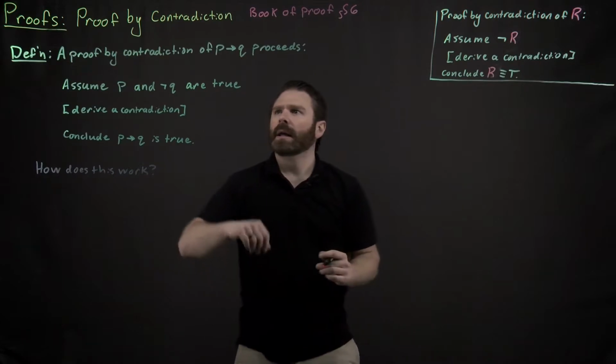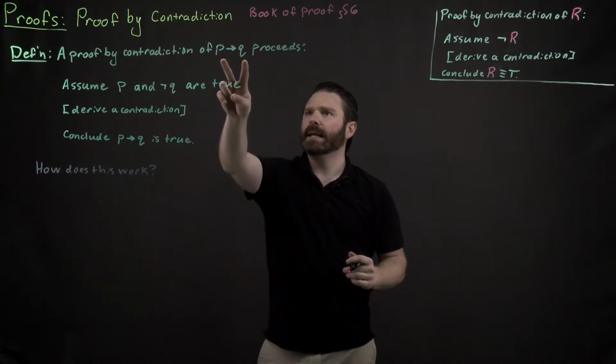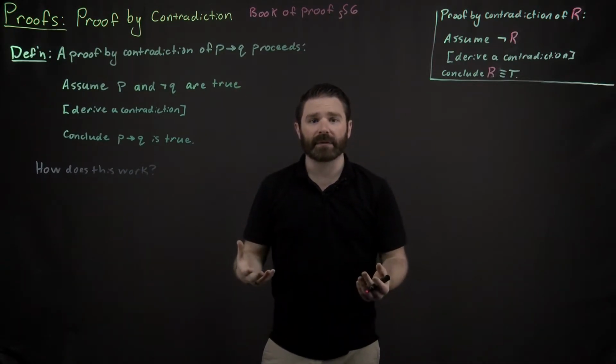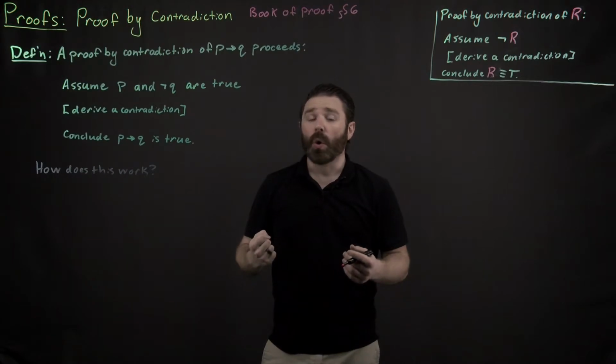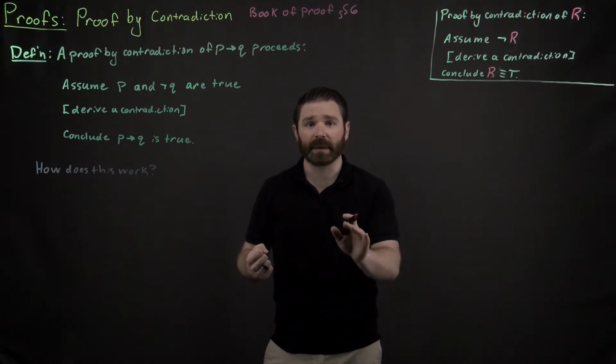So here, what I'm trying to prove is a statement P implies Q. You can think of that as an implication, or you could think of that as just a single statement.